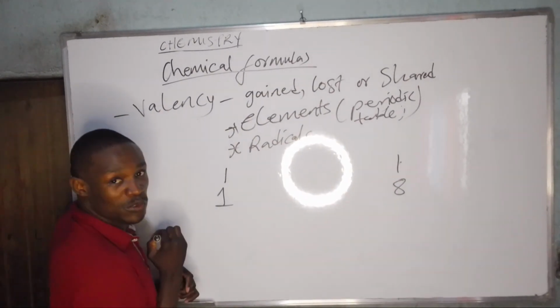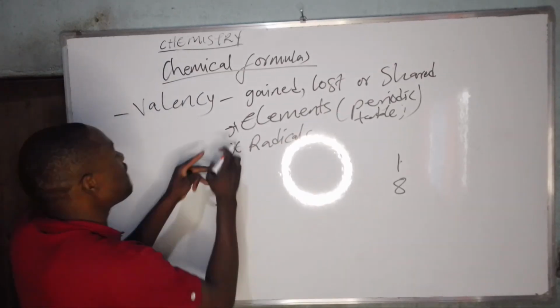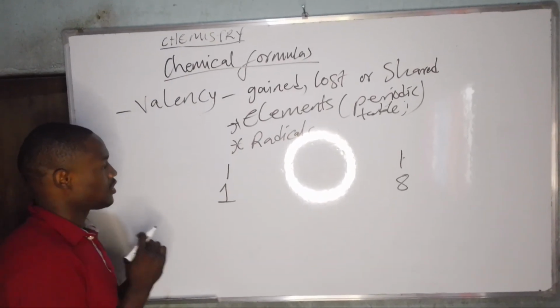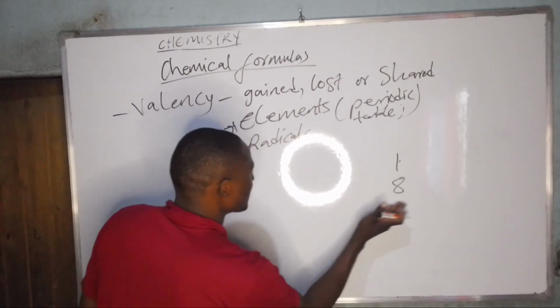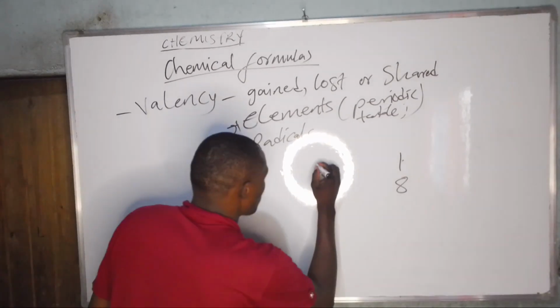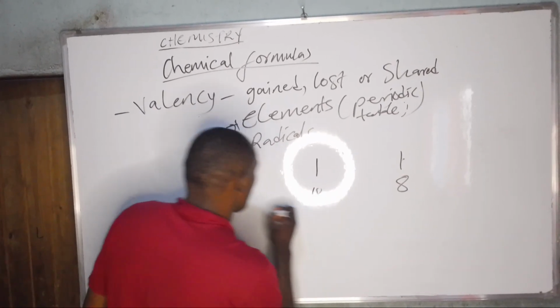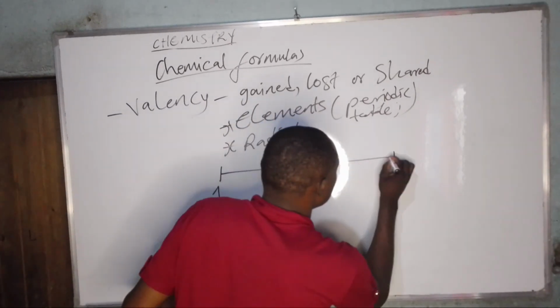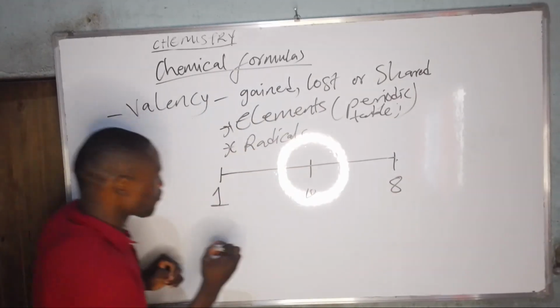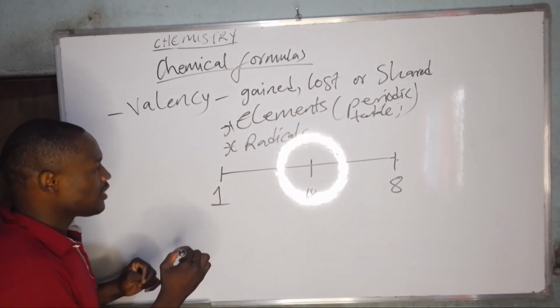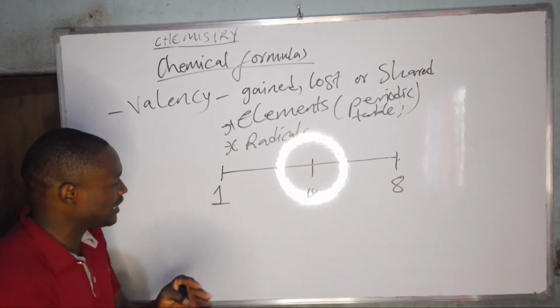Now, this is what we are going to do, so that we know the valences of these elements. I am going to divide this into two parts. So I'm going to put group 4 here. Then I'll put a line here. Now, this is what I want us to understand.